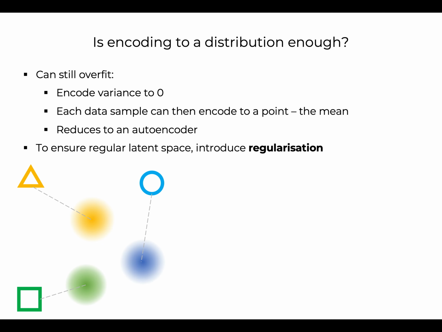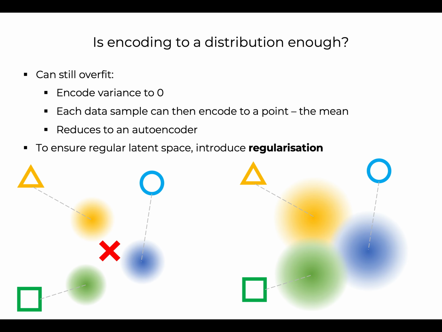The example I gave here of overfitting is visualized by this diagram. We have 3 shapes encoding to a distribution, but they're very narrow, the variance is low, and that means there's space in between these distributions which the decoder would never get to see. So this would lead to an undesirable latent space. With appropriate regularization, we'll have a latent space that's smooth everywhere.